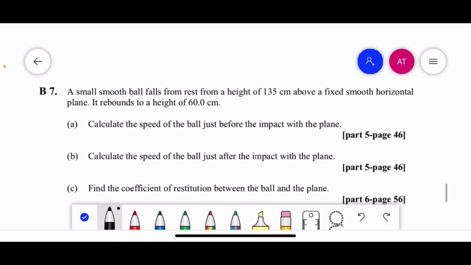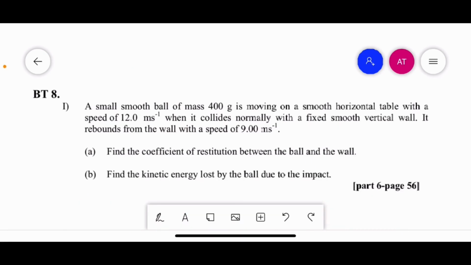Part C wants us to find the coefficient of restitution. So the coefficient of restitution is equal to v over u, or the velocity after impact versus the velocity before impact. So all we have to do is substitute, and we get 0.667. Give you guys a minute to solve basic question 8.